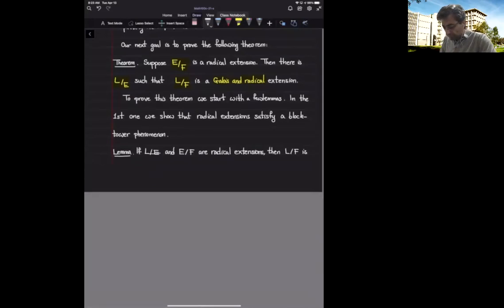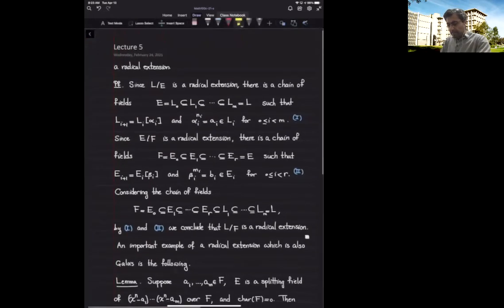So suppose L over E is a radical extension, and E over F is another radical extension. We want to show that L over F is a radical extension. Let's just see what it means. When we say that L over E is a radical extension, it means that I'm giving you a chain of subfields.